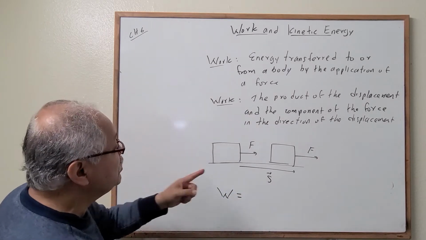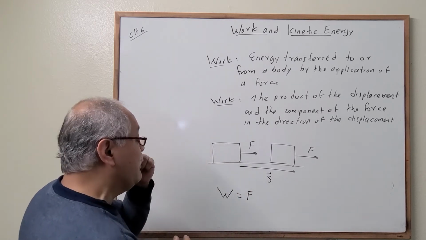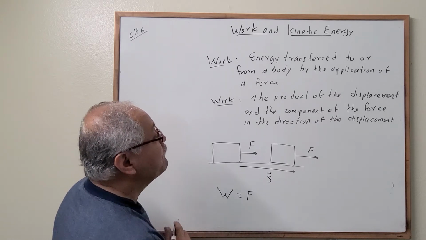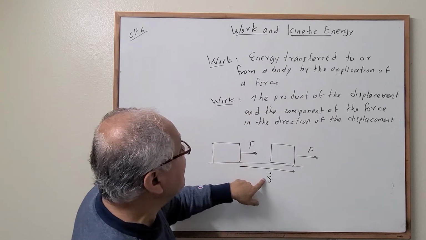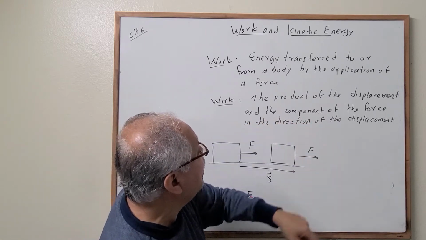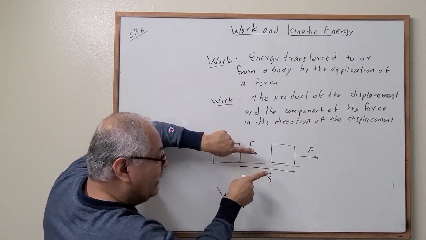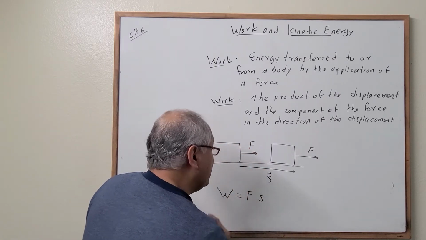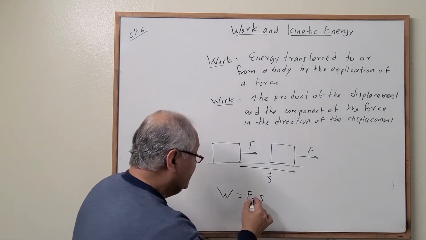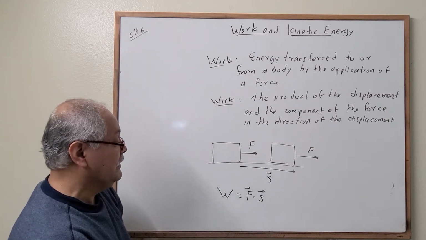Work is equal to the product of the displacement and the component of the force in the direction of displacement. In this case, what is the component? Well, in this case, these two are parallel. So it's going to be force times S, correct? But it's a product. Okay, it's going to be the dot product of these two vectors, correct?